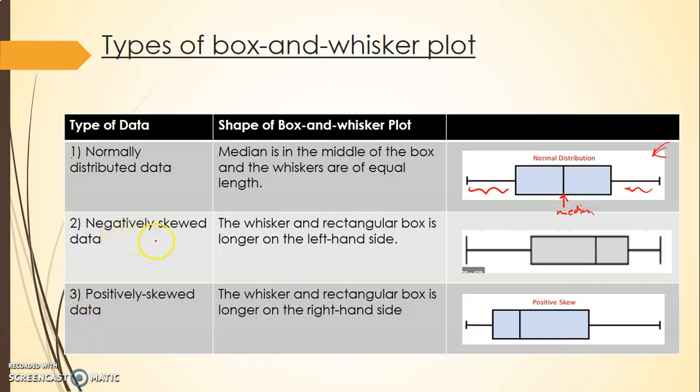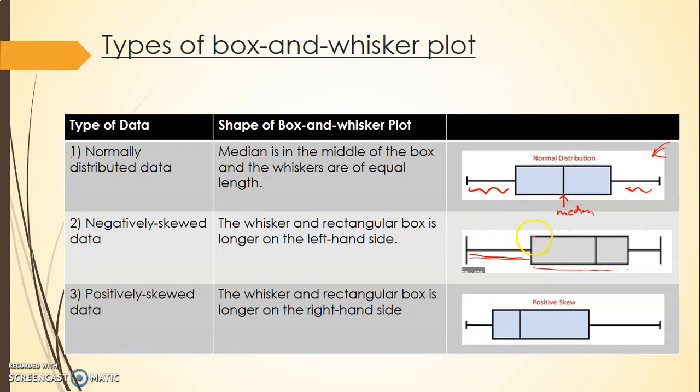For negatively skewed data, the whisker and the rectangular box are longer on the left hand side. So this is the whisker and this is the rectangular box. From this box and whisker plot, you can see clearly that the whisker and the rectangular box are longer on the left hand side.